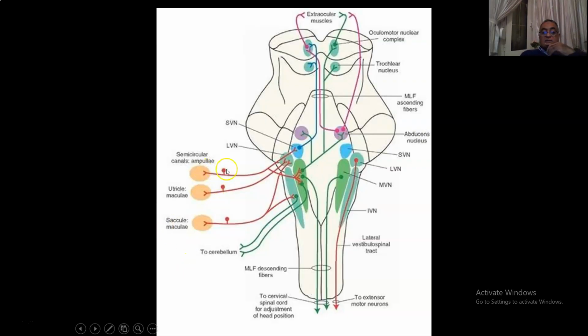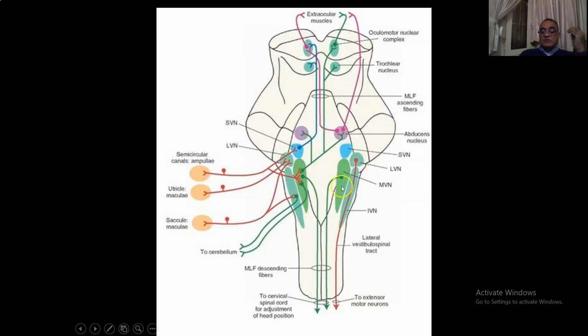So this is a diagrammatic view showing that the impulses reach from the semicircular canals, from the ampullae, from the utricle macula, and from the saccule macula, and pass through the vestibular nerve. Here is the Scarpa's ganglion, the cells, peripheral axons, central axons from the vestibular nerve, reaching the vestibular nuclei: the superior, the inferior, the lateral, and the medial vestibular nuclei.